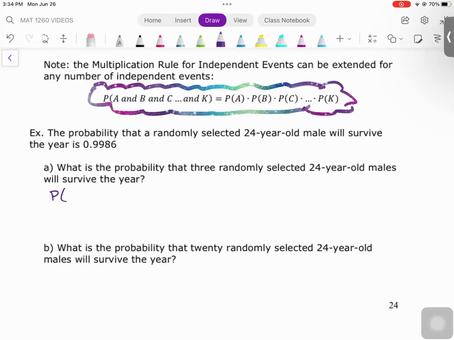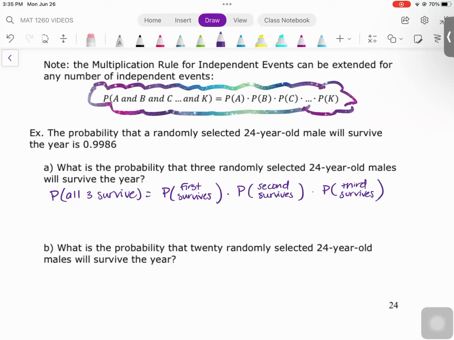So the probability that all 3 survive is equal to the probability that the first survives times the probability that the second survives times the probability that the third survives. Well, the probability that the first person survives, that first randomly selected 24-year-old male, that's that 0.9986.